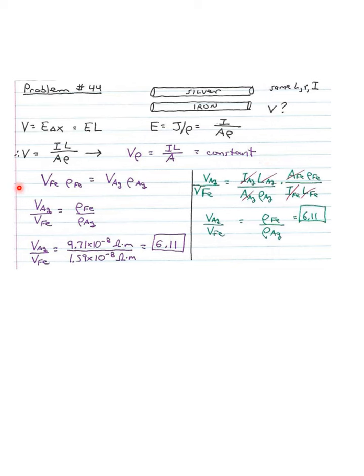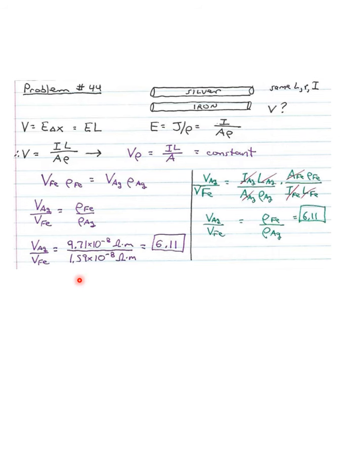So now we have V of iron times rho of iron equals V of silver times rho of silver. Setting that up as a ratio, we can say V of silver over V of iron is rho of iron over rho of silver.